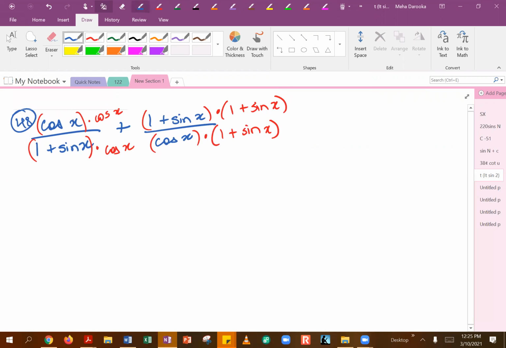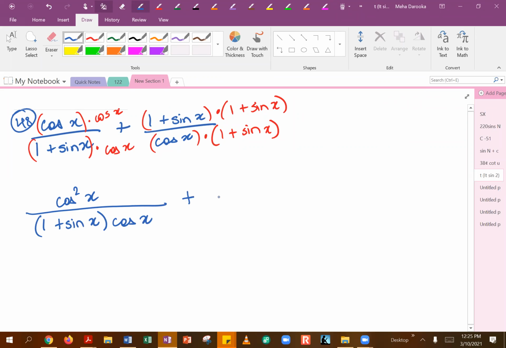On the numerator, you are multiplying cosine of x with cosine of x, so that would just become cosine squared of x. On the denominator, we are taking 1 plus sine of x and multiplying it with cosine of x. I'm going to leave it as it is, I'm not going to distribute it.